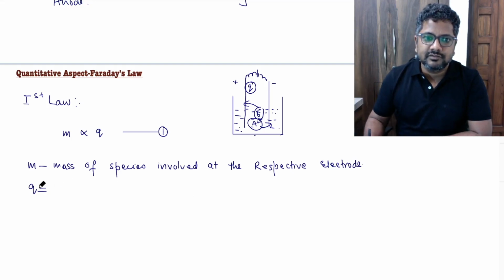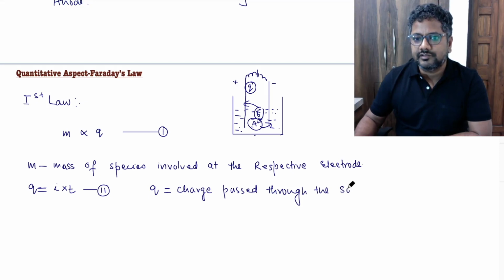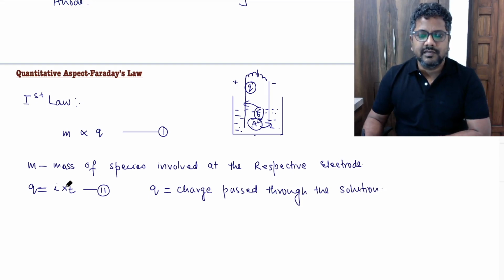Q is equal to I into T. So Q is the charge passed through the solution, and I is the current, and T is the time. So charge you can convert, it is simple.